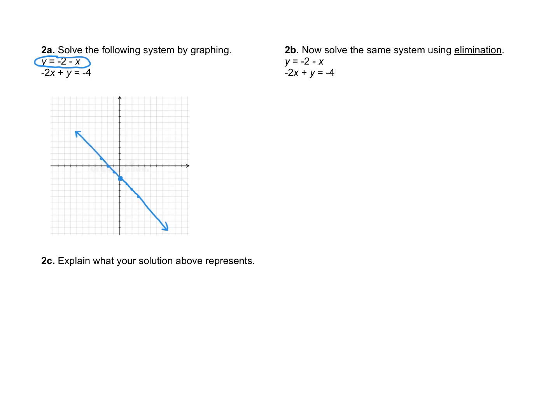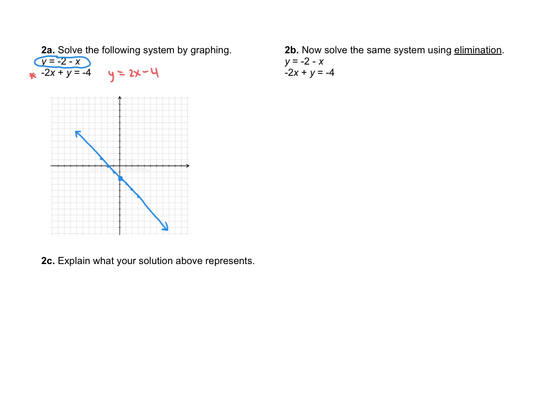Okay, Maddie, how would I go about graphing the second line? Add 2x. Okay, and so what would our equation look like? Y equals 2x minus 4. Okay. Ben, what would I do to graph that y equals 2x minus 4?